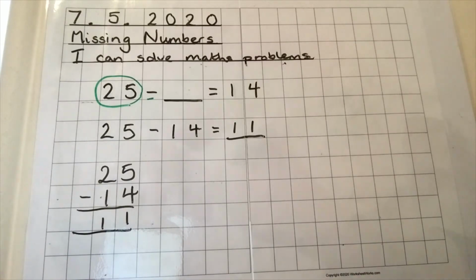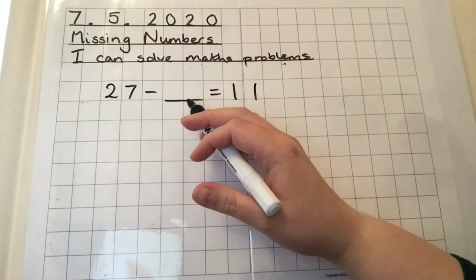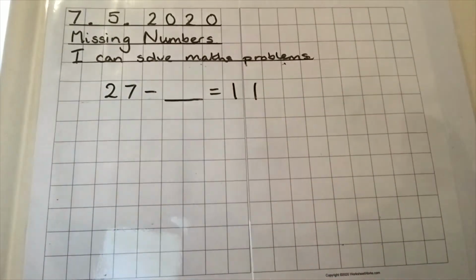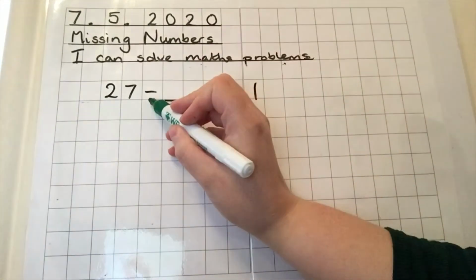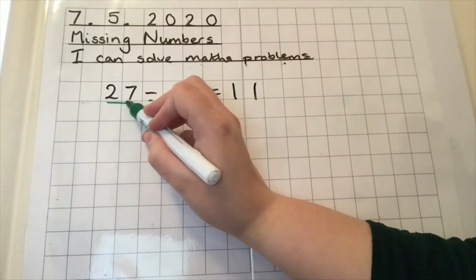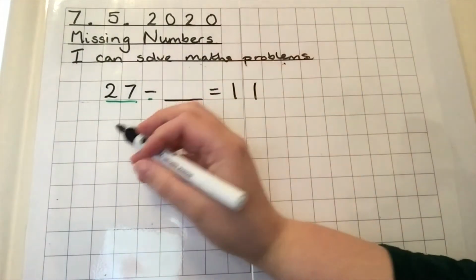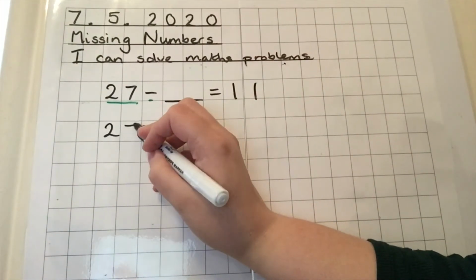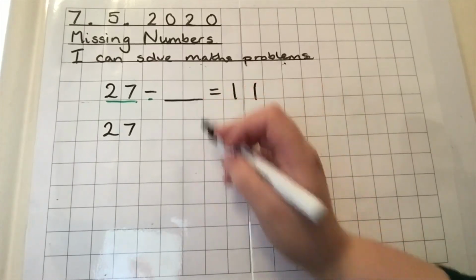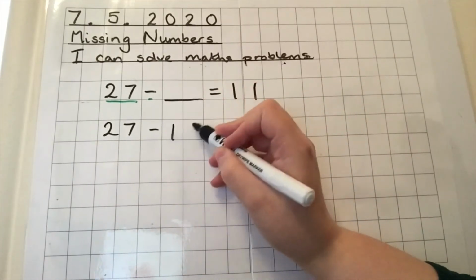Okay, let me show you another one. So 27 take away something equals 11. So it's a takeaway. My big number is already at the front. So I'm going to keep my big number at the front. Instead, I'm just going to change my little numbers over.